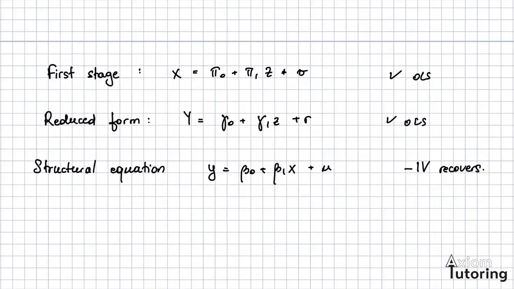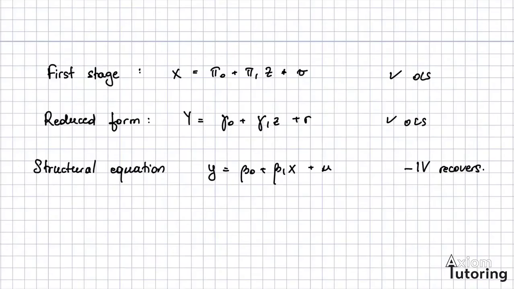So it's a good habit to always run and report all three. The first stage shows the relevance, the reduced form shows you the total effect of the instrument on the outcome, and together they tell the complete IV story. Basically, the structural equation is where they are combined.